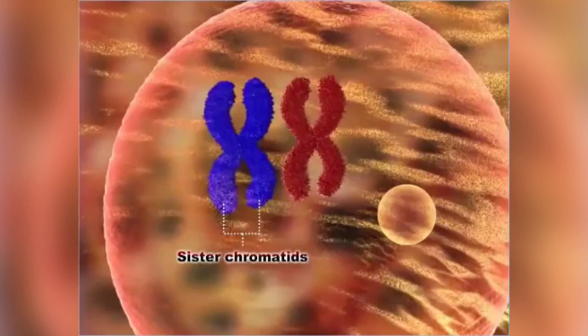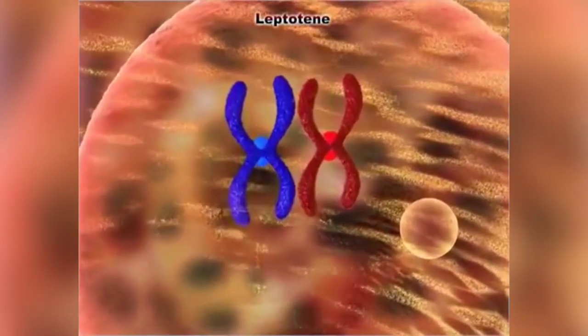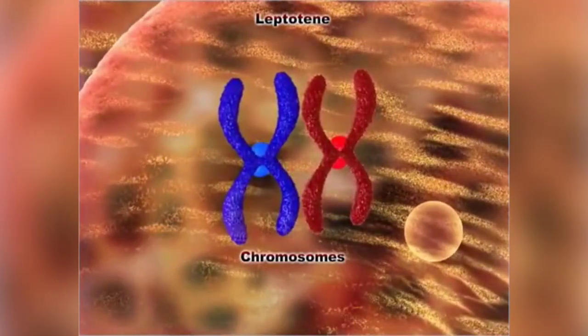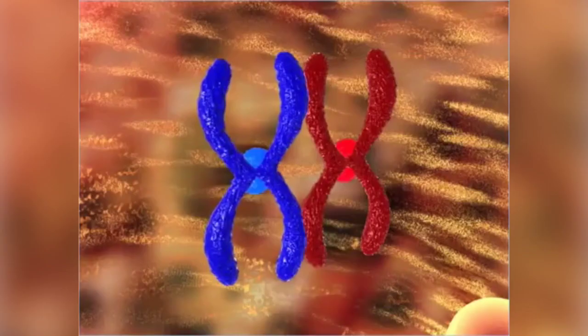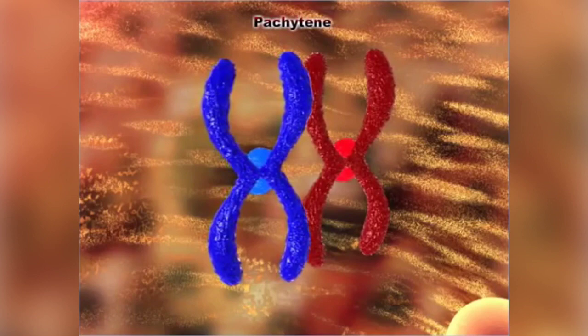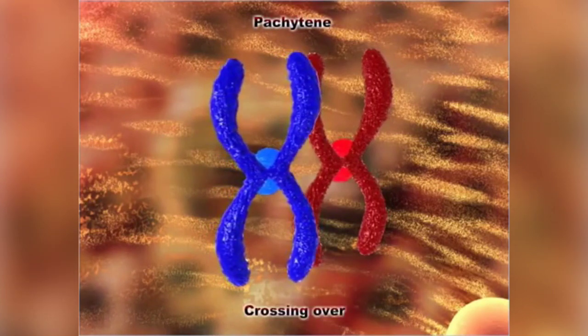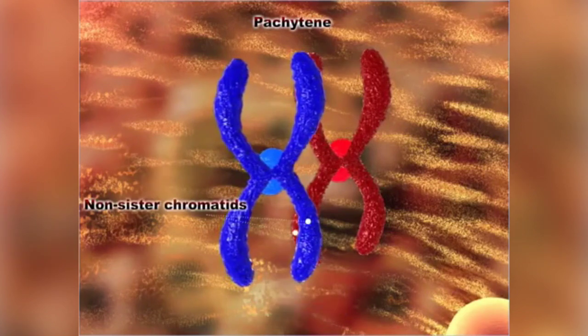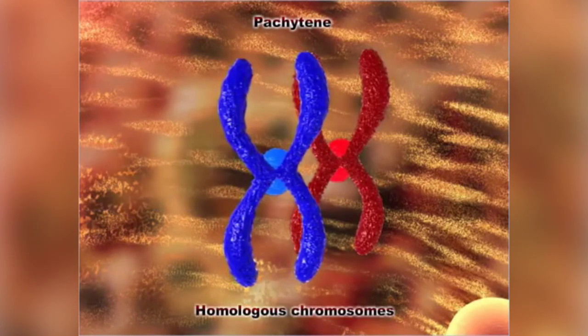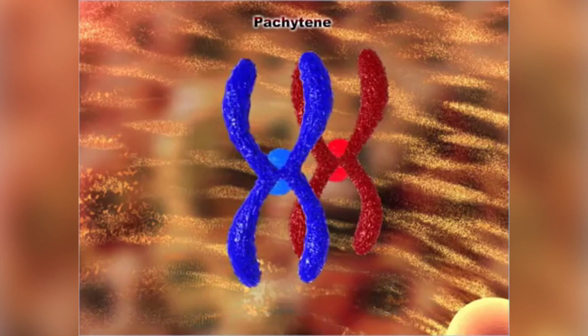To begin with, let us learn about leptotene. During leptotene, the chromosomes condense and become visible. The zygotene phase is followed by pachytene. During pachytene, chromosomal crossing over takes place between the non-sister chromatids of the homologous chromosomes. This crossing over is what makes each individual unique and causes the recombination nodules to be visible.